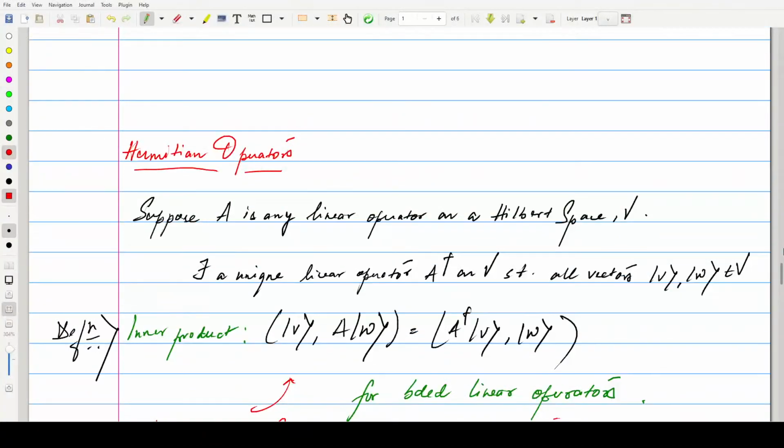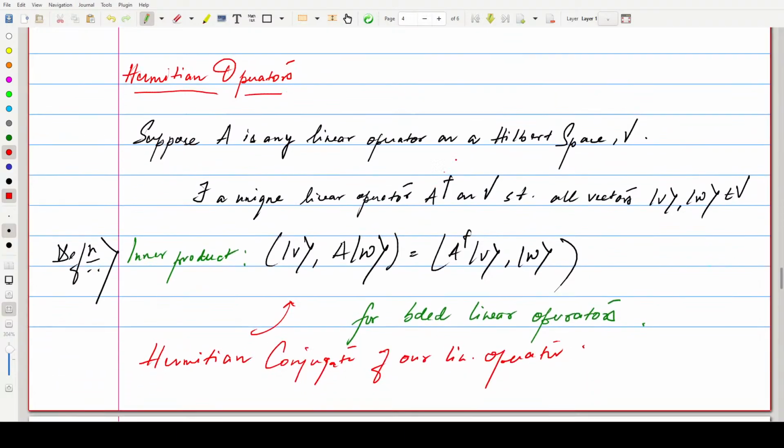Okay. So next comes a very interesting topic, our Hermitian operators. Before we know what Hermitian operators are, we're going to find the Hermitian conjugate, right?